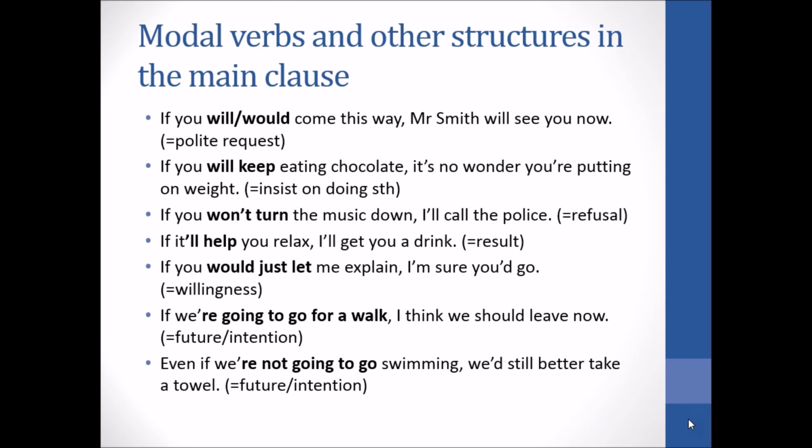And that's why we got if you will keep eating chocolate, because it's basically habit. If it's willingness, it can also show unwillingness or refusal. If you won't turn the music down. So basically, all of these show the many possibilities that will has as a modal verb. It's quite interesting, really, the possibilities using that word.